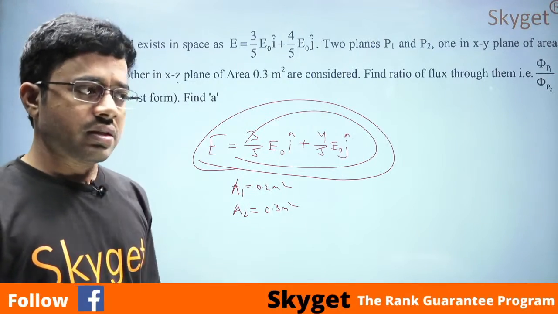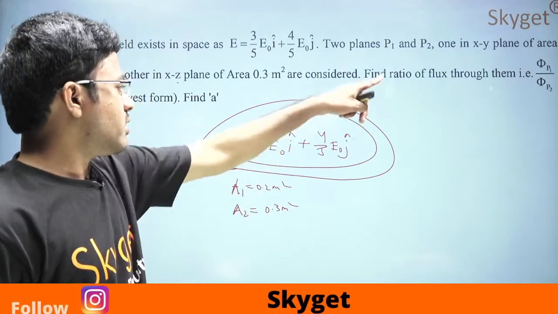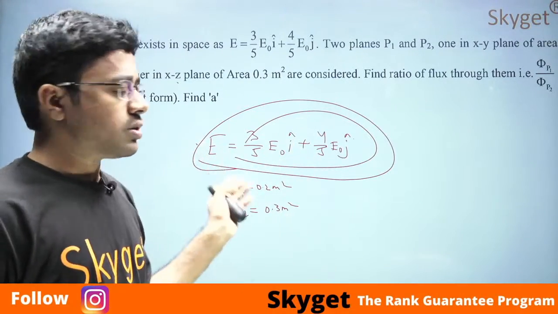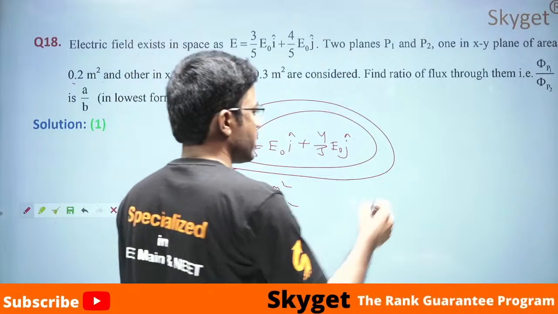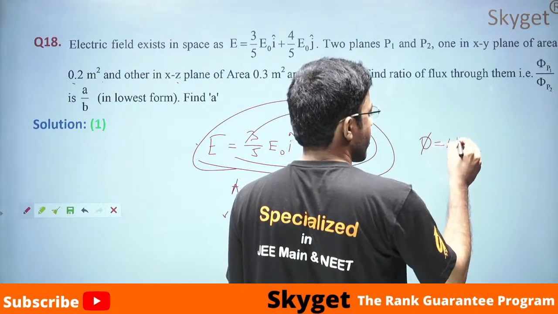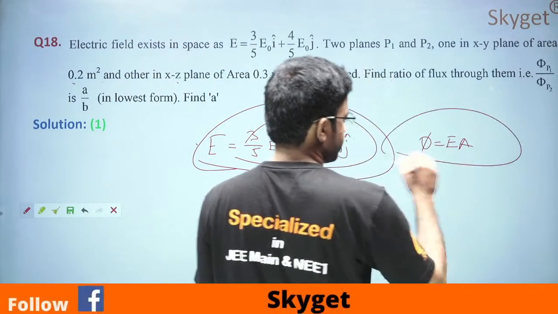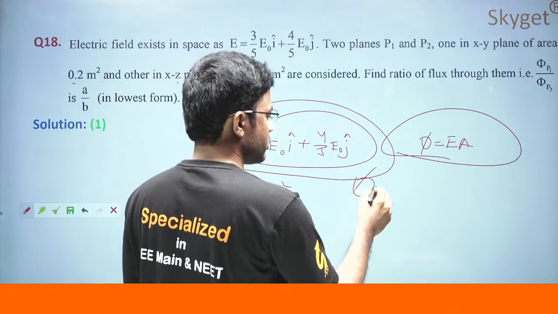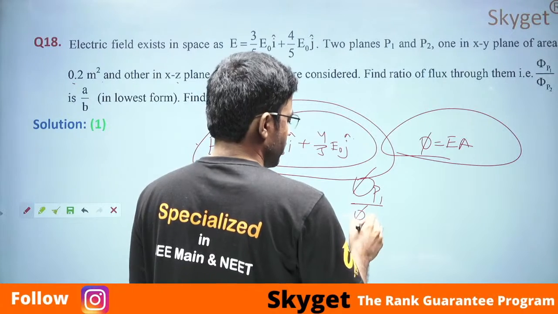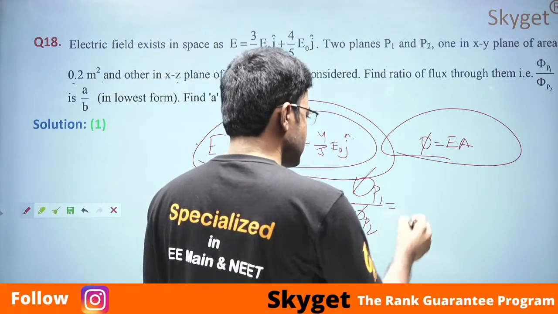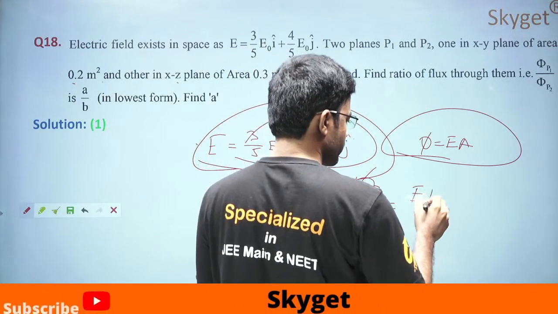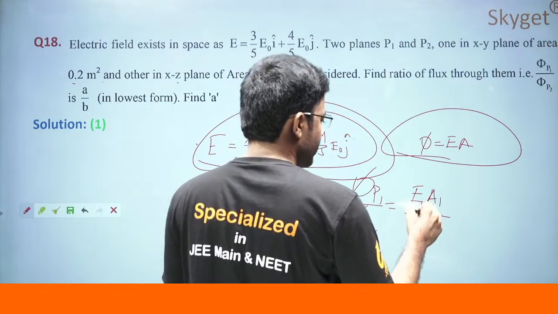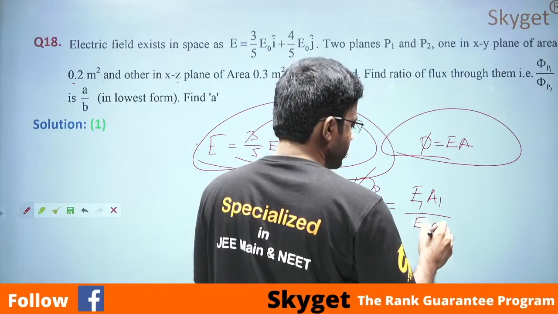So as you know, the relation between the flux, the electric field intensity and the area is flux equal to E dot A. So here he has given the area, so flux is simply E into A. As he is asking for the ratio, phi P1 by phi P2 is equal to E1 A1 by E2 A2.